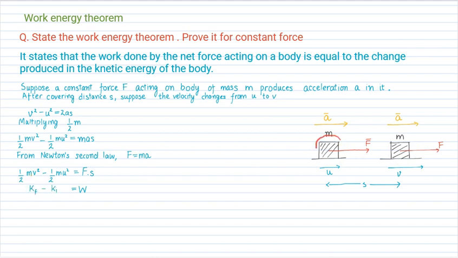And if this is your initial state, that is your starting state, then half mu square is the initial kinetic energy, Ki. Therefore, I can express my work done as the final kinetic energy minus the initial kinetic energy, which is known as the work energy theorem. The work done by the net force is equal to the change produced in the kinetic energy. So there is a change produced in the kinetic energy which causes a work done. This is your work energy theorem.